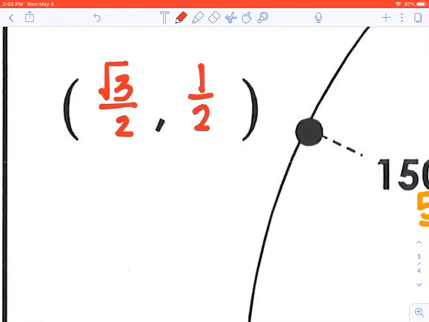But the x is negative, okay? So the numbers aren't changing. It's just where you are on your xy coordinate system. Is x positive? Is x negative? Is y positive? Is y negative? All those numbers are the same because it's 30 degrees, 45 degrees, or 60 degrees.